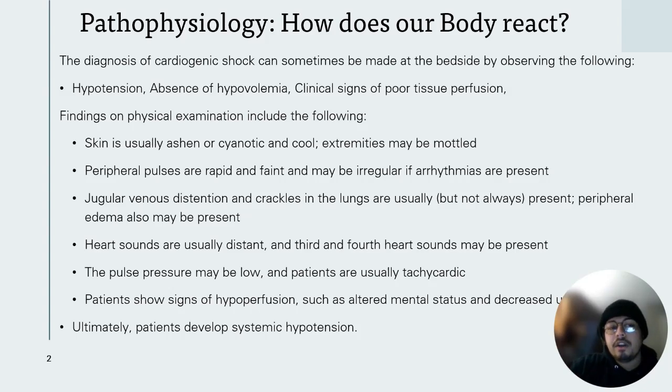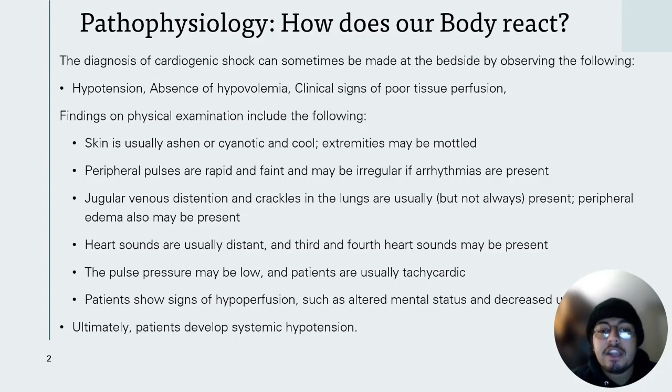We can find an ashen, cyanotic, cool appearance with extremities maybe mottled. Peripheral pulses are rapid and faint, and may be irregular if arrhythmias are present. That's why EKGs are very important to assess right away when we're dealing with these types of cardiogenic problems.